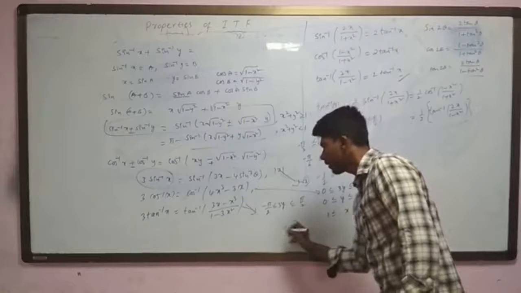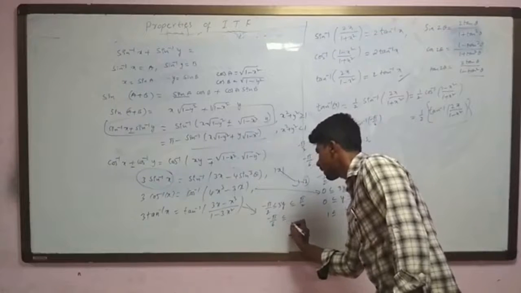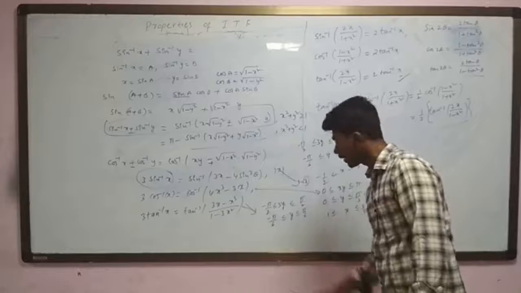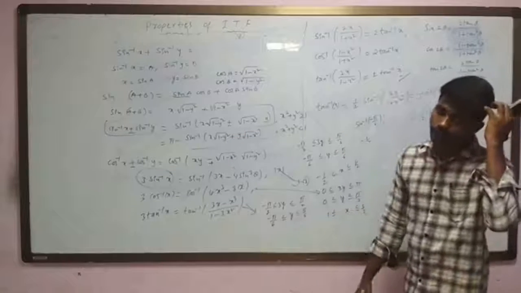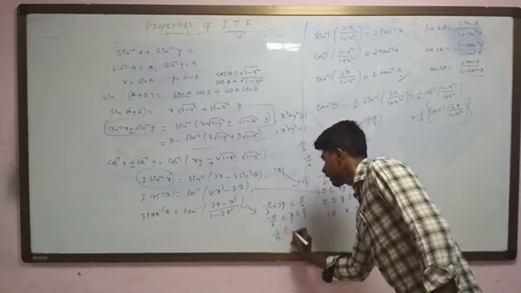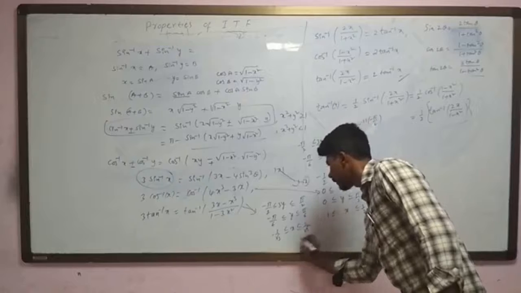So we have to divide everything by 3. Then what do I get? Minus pi by 6 less than or equal to y less than or equal to pi by 6. So tan of minus pi by 6 gives minus 1 by root 3 less than or equal to x less than or equal to 1 by root 3.